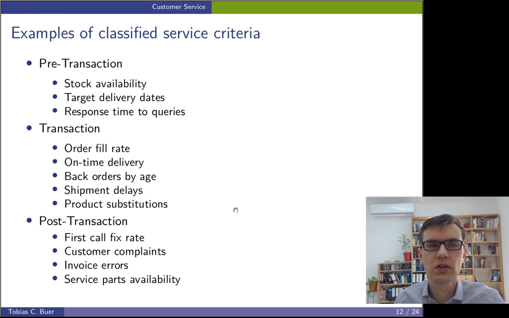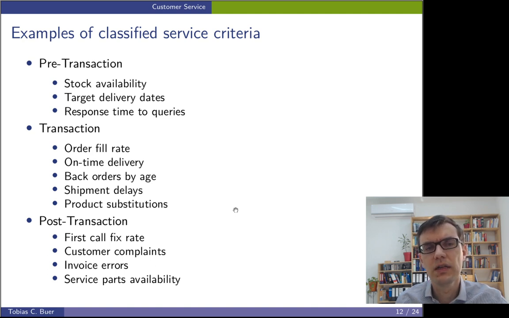And post-transaction services, of course the invoice should be correct. This is often not a big problem, but for the car industry, what is important? The service parts availability. So you drive your car for several years, you go to the service frequently, maybe you have an accident, hopefully nothing bad happens, but you need some replacement parts for the car.